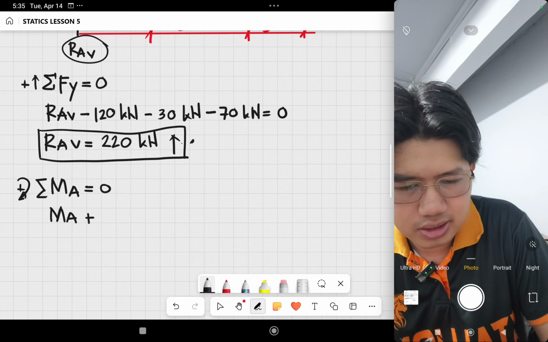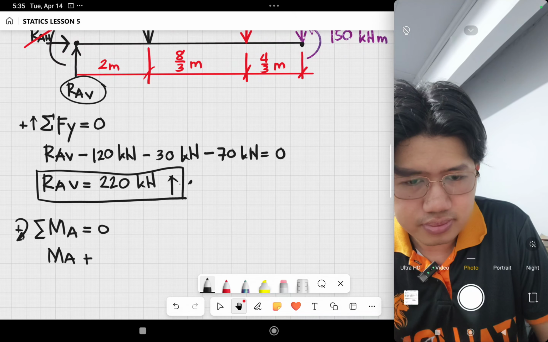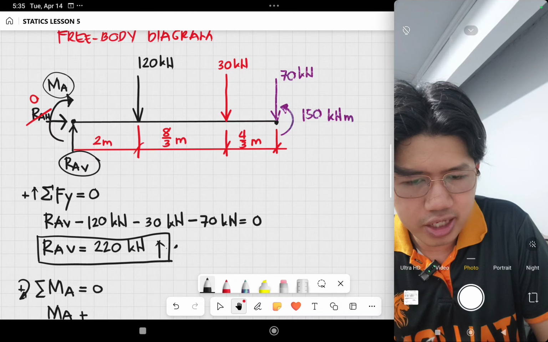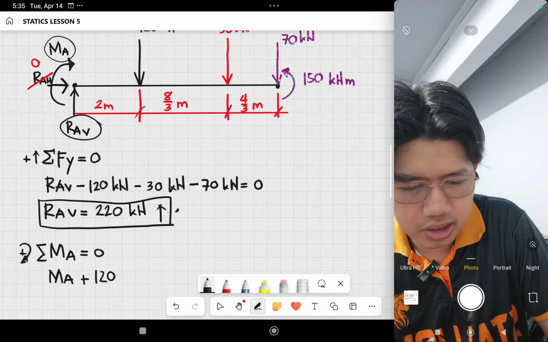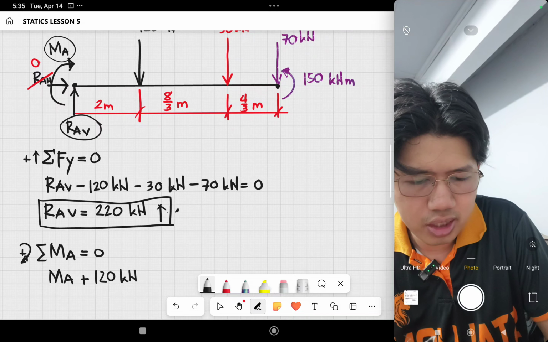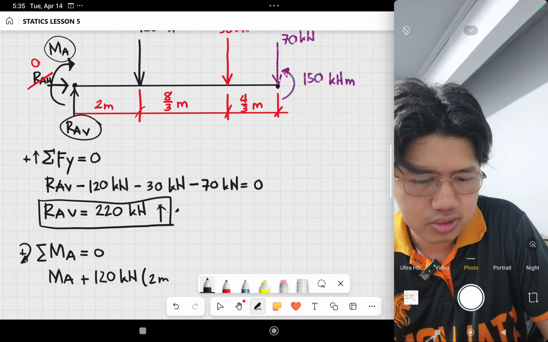So that is 120 kilonewton times 2 meters.